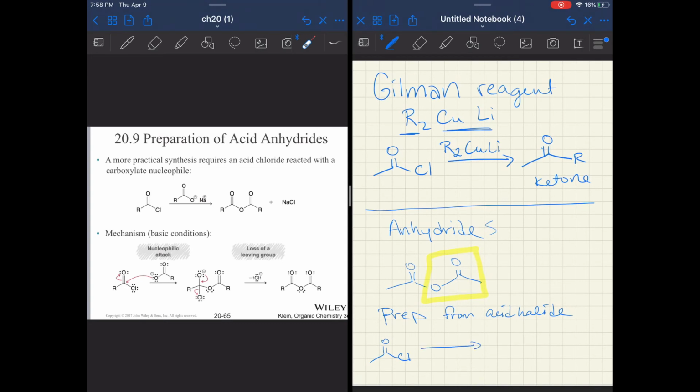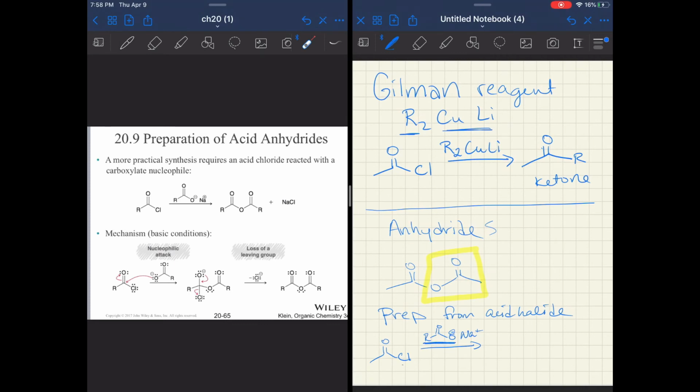For that, you just have to get your, what do they call this? Carboxylate ion. And you can make that by taking any carboxylic acid and just treating it with a little bit of base and pulling off that proton. This is your nucleophile.